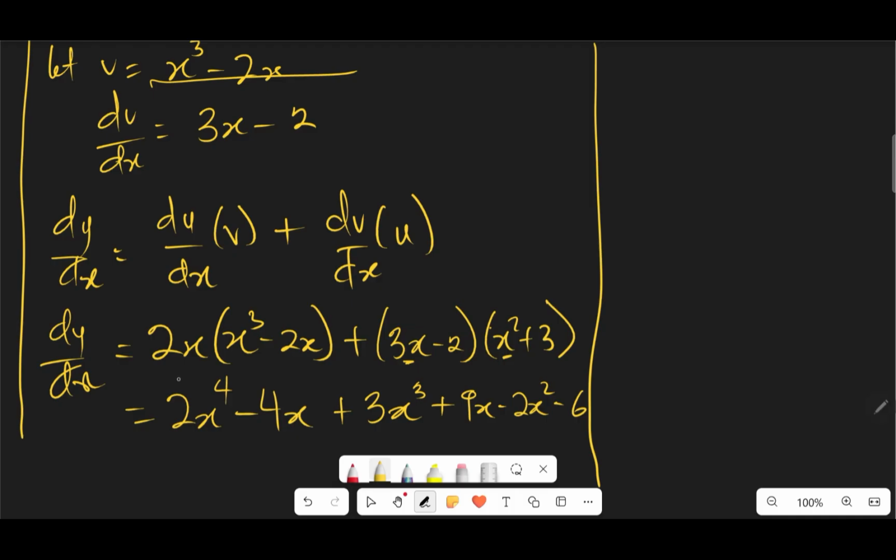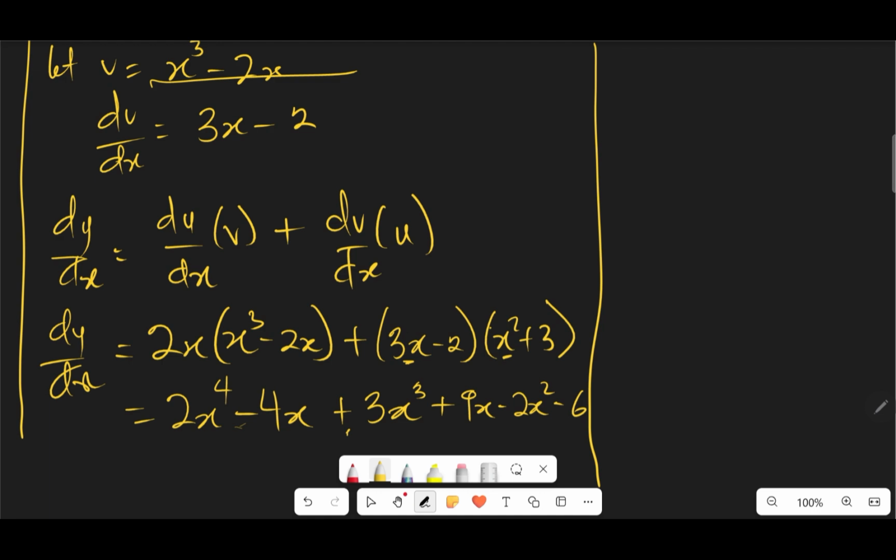So 2x and x cubed is going to give us 2x to the power 4. 2x and minus 2x is going to give us minus 4x squared. That's the first part. Then plus 3x squared and x cubed. Is it x cubed or x squared?